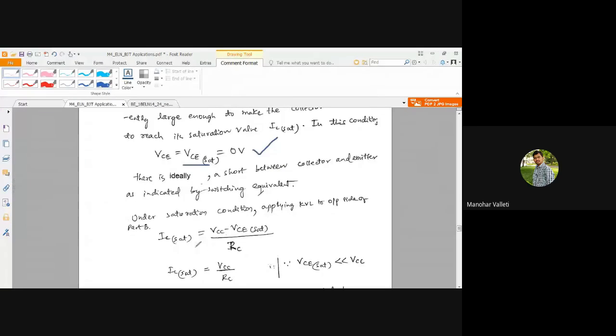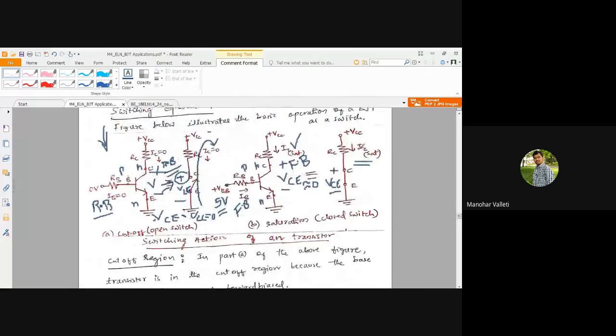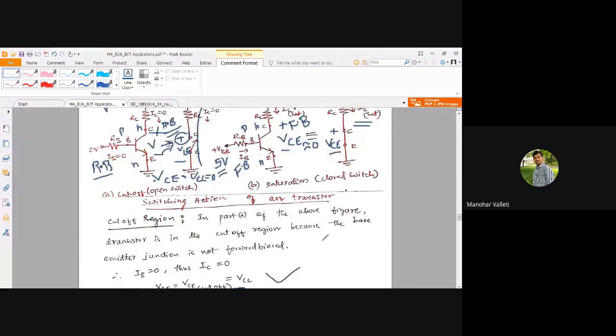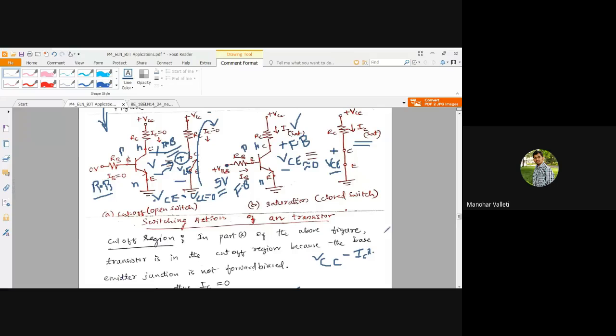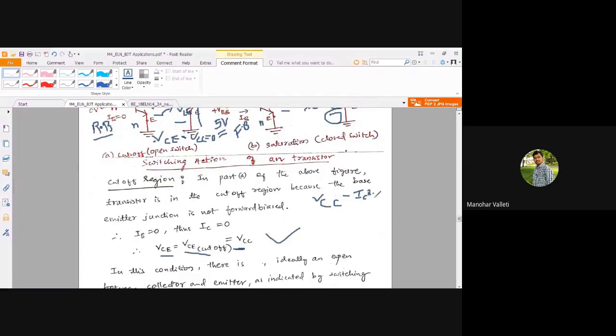Now we want to find IC sat for the circuit. VCC minus ICRC minus VCE equal to 0, with the second sign always being this sign. As you know, VCE equals 0, then VCC equals ICRC.